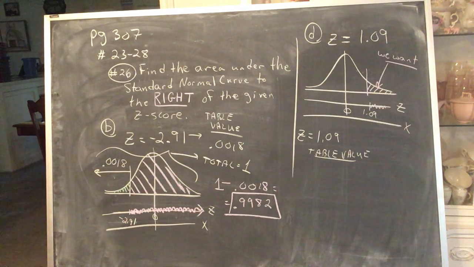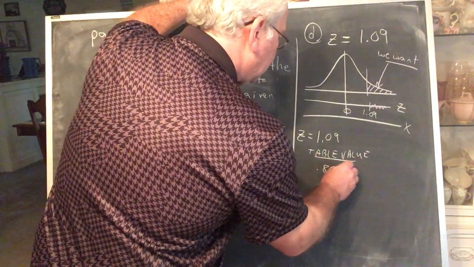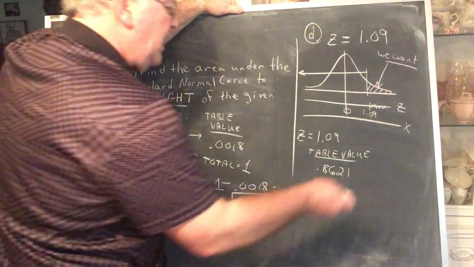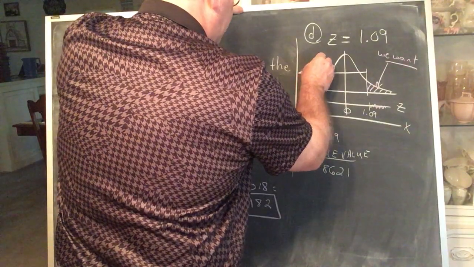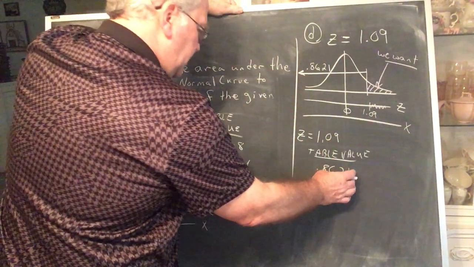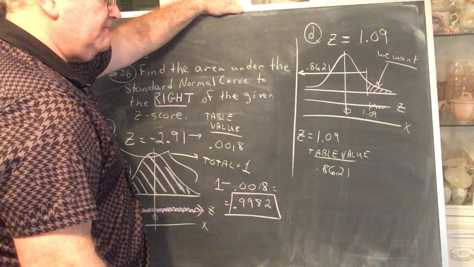This is very well designed, by the way. 1.09, where they intersect is right near the right-hand column. It is 0.8621. I didn't make my arrow. The arrow always goes to the left, and the table value always goes on the arrow.